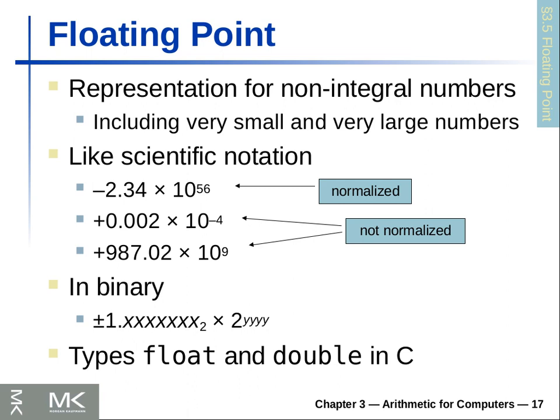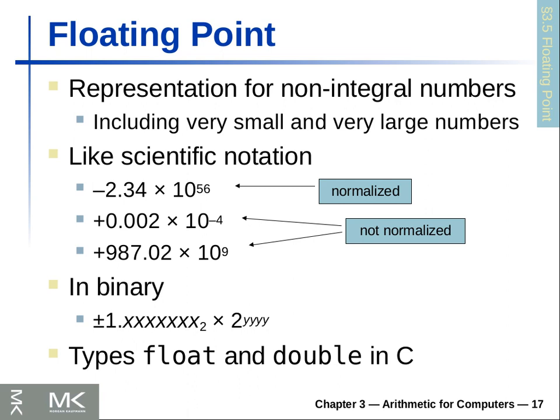Everyone got that? So in binary, what does that digit have to be? A 1. We'll get to this in a moment, but the 1 right there is always implied, and you only store what's after the decimal, because the 1 has to be there.